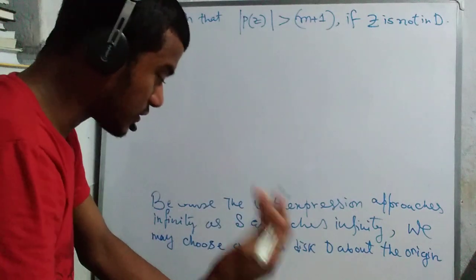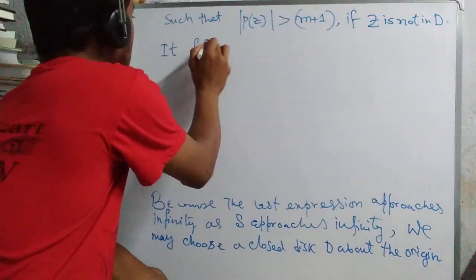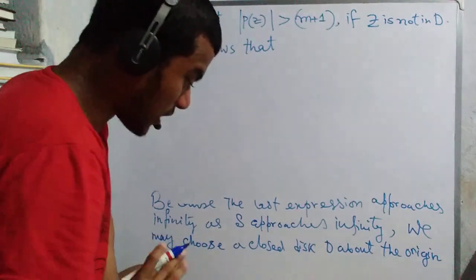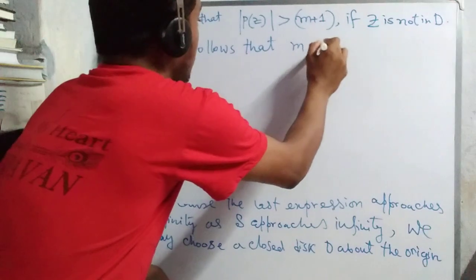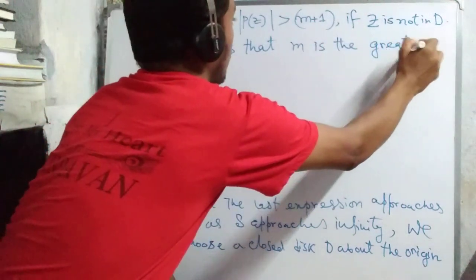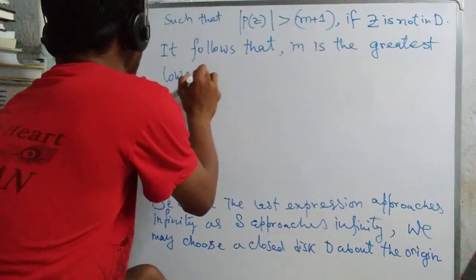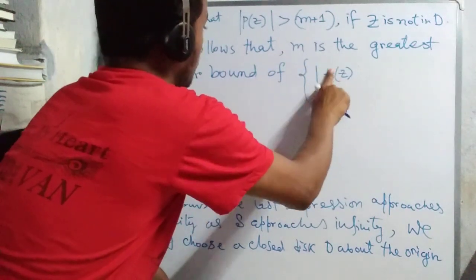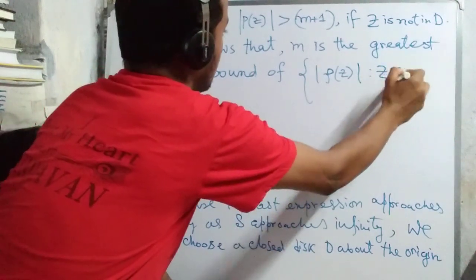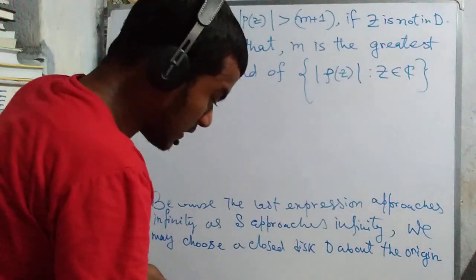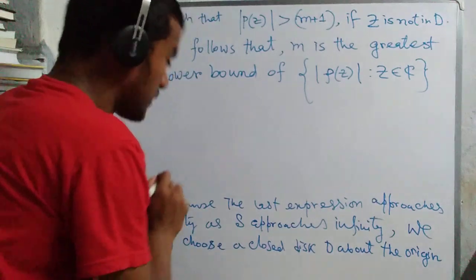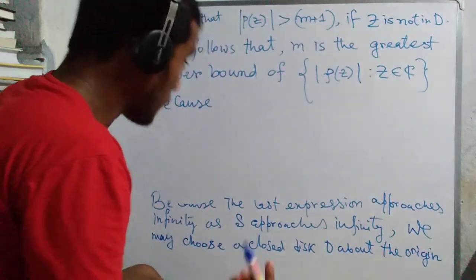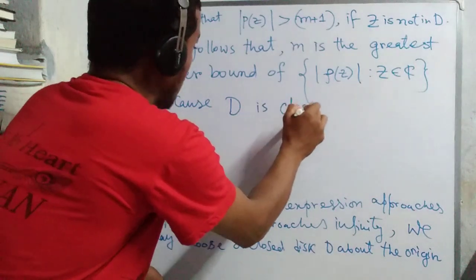Then we go on to further discussion of that. It follows that M is the greatest lower bound of those moduli of p(z), z belongs to C, because D is closed and bounded.